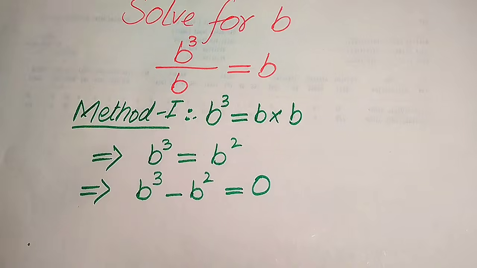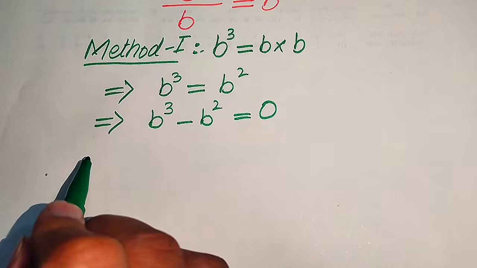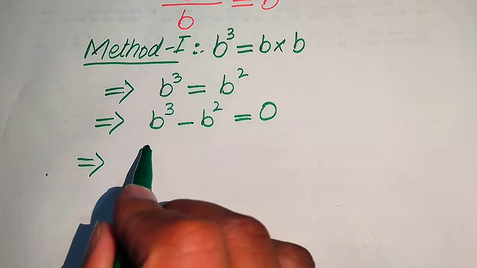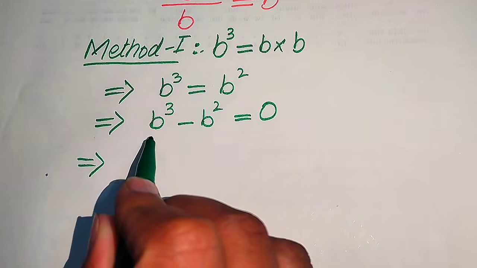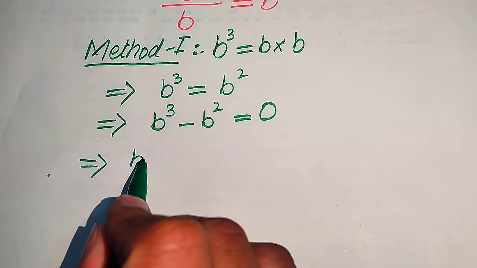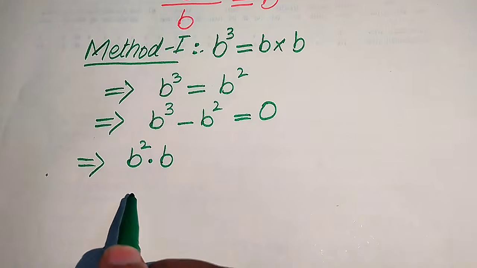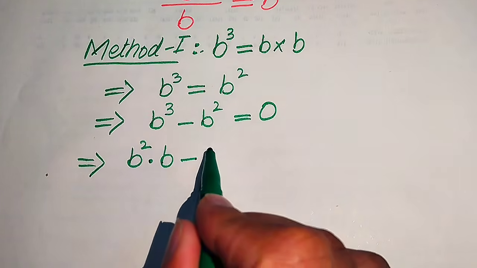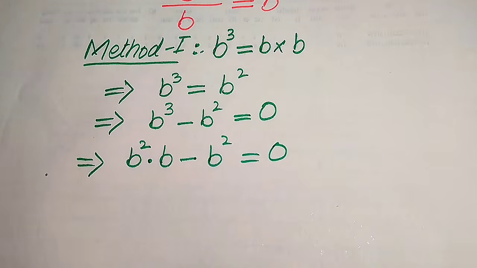In the next step, you see that both of these two terms involve b square, so we take b square common. In other words, we first rewrite b cubed as b square multiplied by b, since b square times b becomes b cubed, minus b square equals 0.